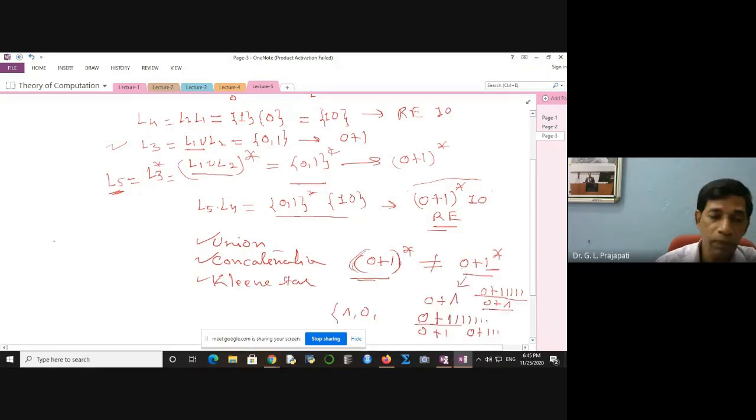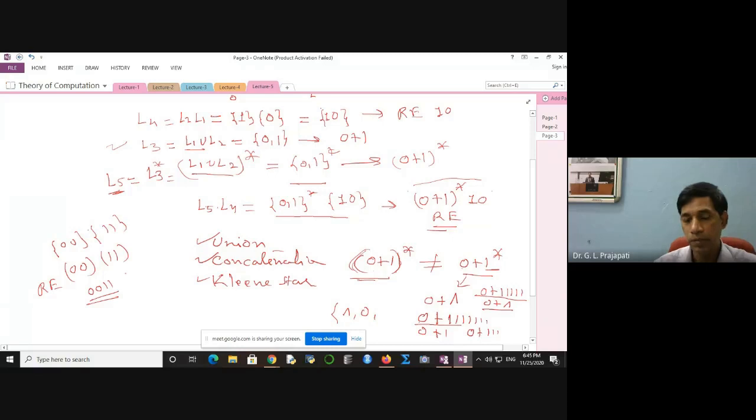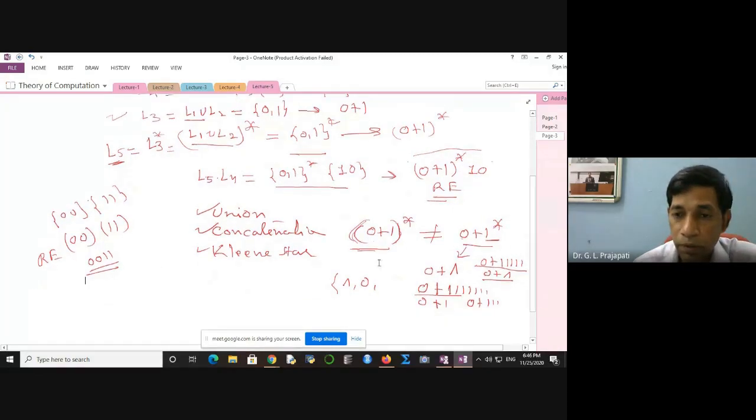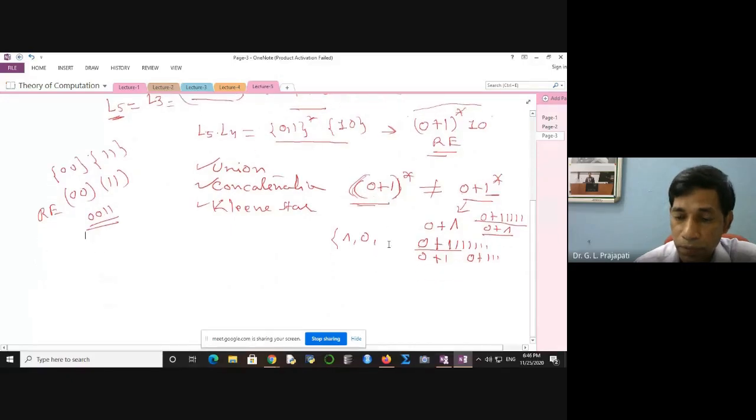Whenever you have 0 0 and 1 1, the corresponding regular expression you can write like 0 0 and 1 1. Here parentheses are not required, there is no need of parentheses. But where you mean some kind of grouping, you must use the parentheses.